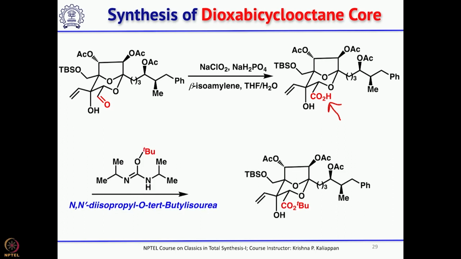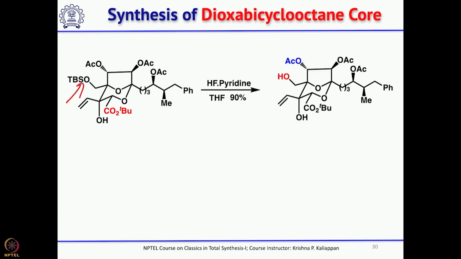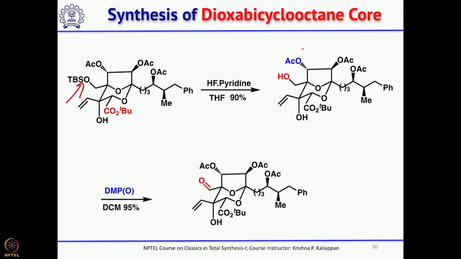This is one of the very rarely used esterification methods, where the tertiary butyl esters are made like this from the corresponding urea derivative. So once you have this tertiary butyl ester, the next step is to remove this TBS group. That was done using HF pyridine, and next what one has to do is attach the side chain here.